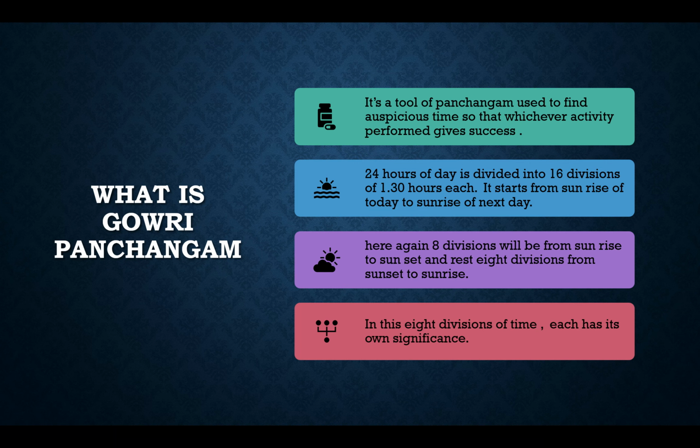Here, 24 hours of a day is divided into 1.5 hour divisions. 1.5 hour is 90 minutes. That means we will be getting 16 divisions from today's sunrise to next day's sunrise. That means in the morning we will have 8 divisions, in the night we will have 8 divisions.